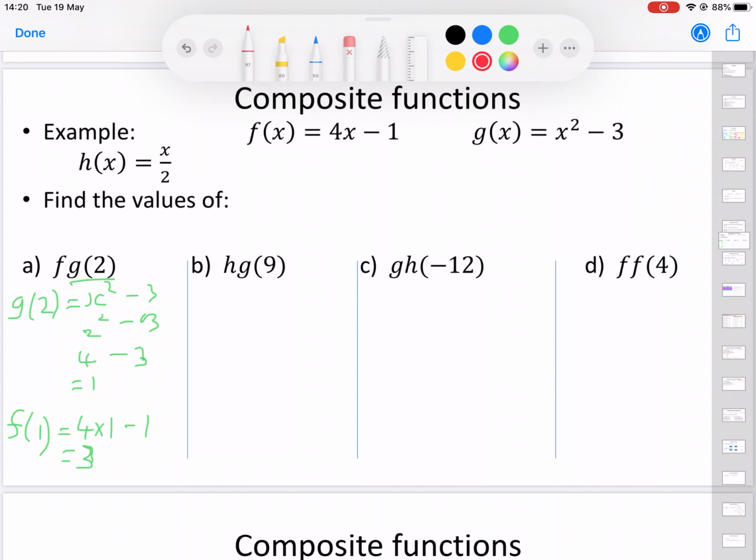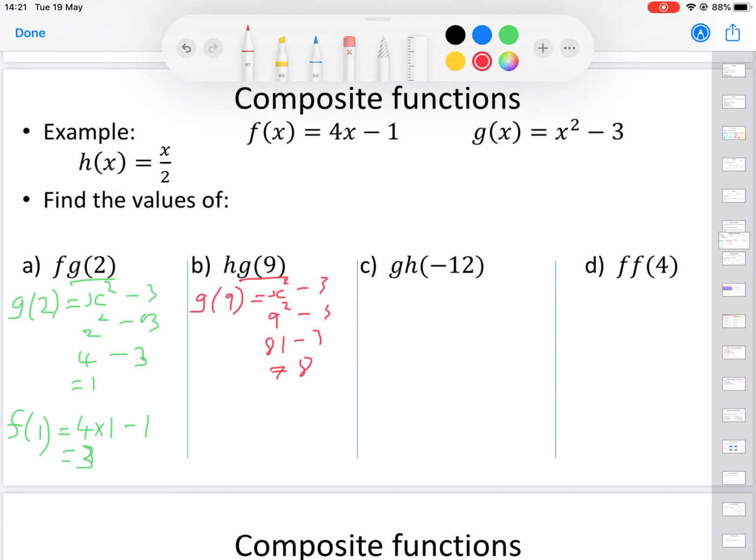Okay, the second one, hg of 9. Again, we're going to start with g of 9 first. g of 9 equals x squared minus 3, so 9 squared minus 3, so that's 81 minus 3, which is 78. Now we're getting into larger numbers.